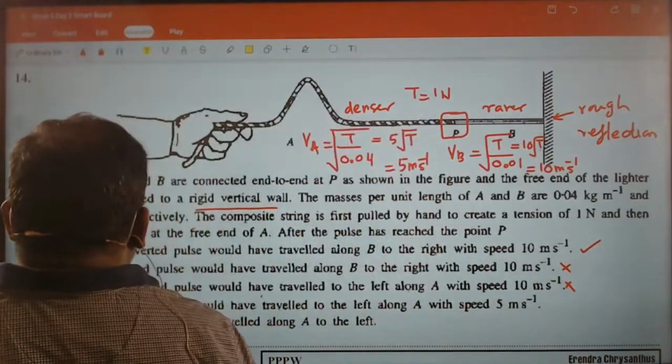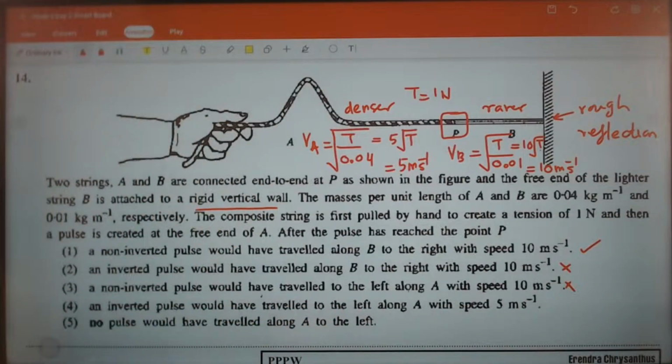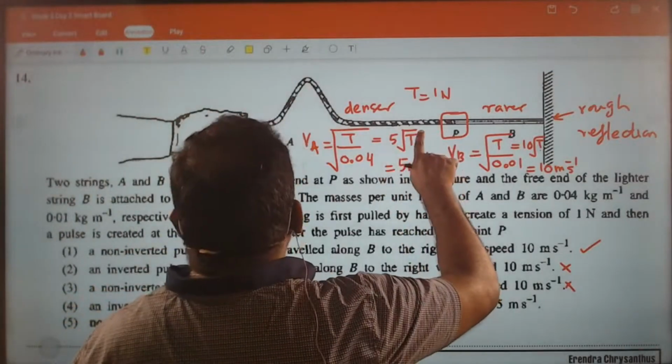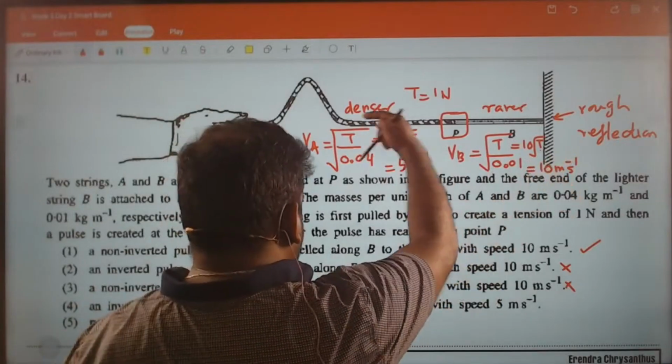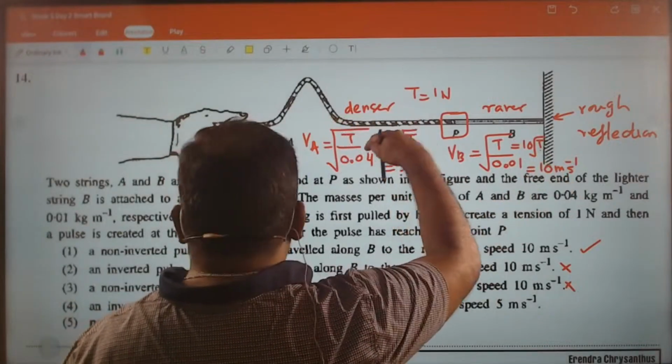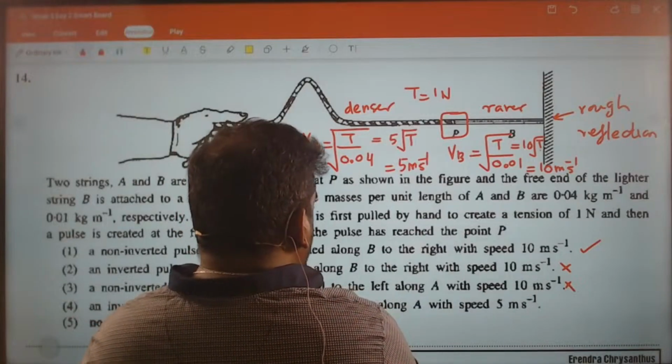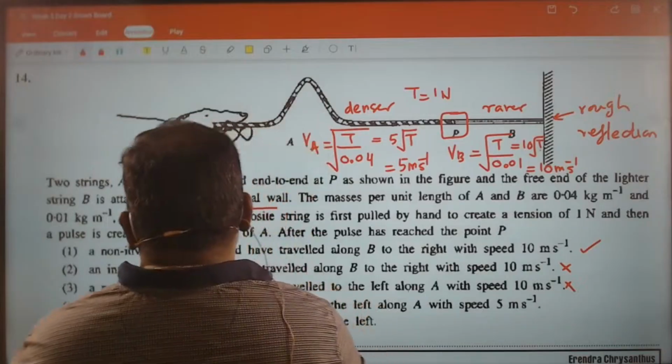These are wrong. An inverted pulse would have travelled to the left along A with speed 5.